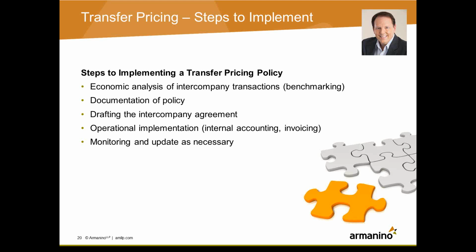And then the intercompany invoice has to show the cost base as well as the markup from the UK to the US. That invoice needs to be produced and sent, booked and recorded in each jurisdiction. So you're recording revenue in the UK and an expense in the US. And then, very importantly, the US has to actually pay that invoice.